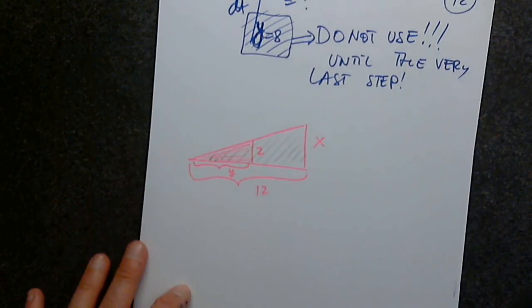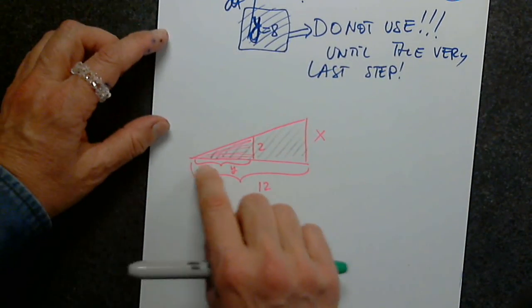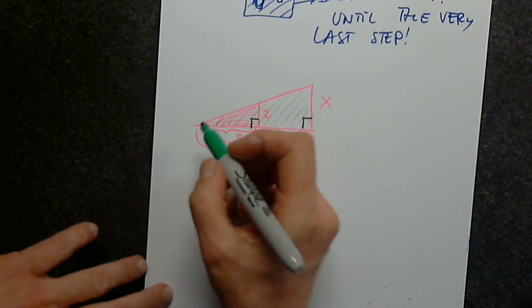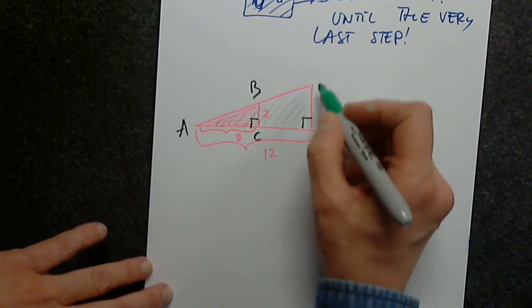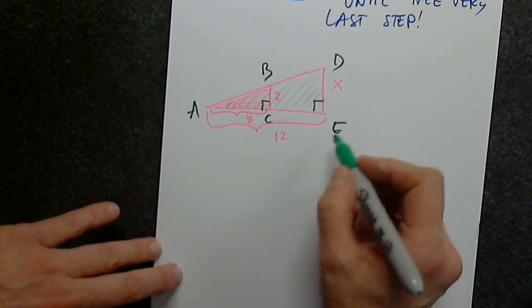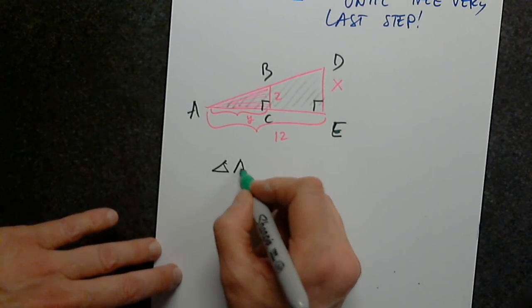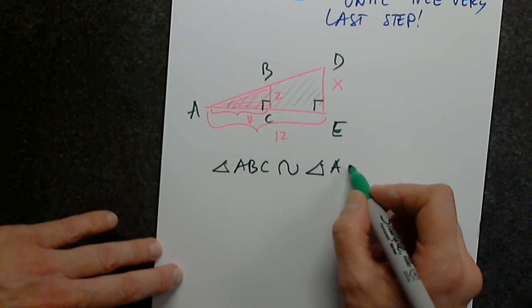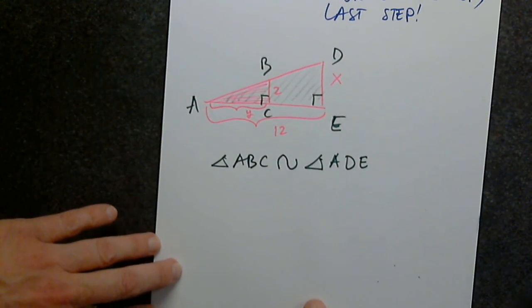Is there anything that I could write based on what I just showed here? I'm telling you that the small triangle and the big triangle, because they are both right triangles, are similar. So I'm going to write A, B, C, D, E. The triangle ABC is similar to the triangle ADE.